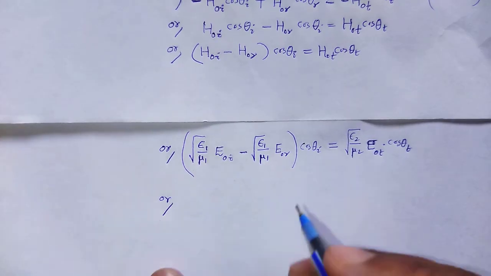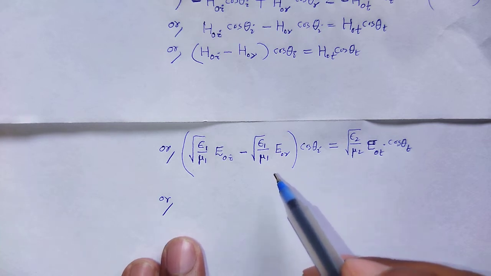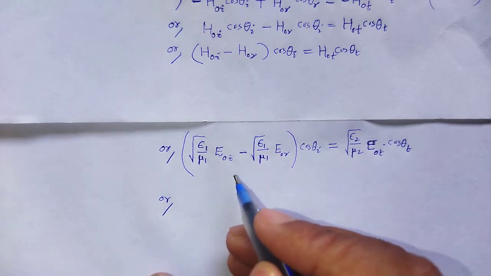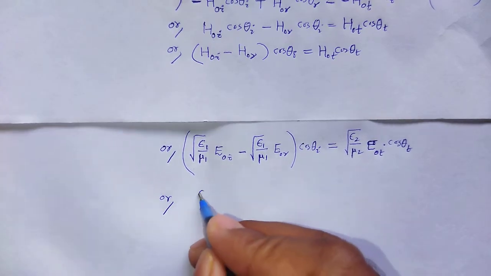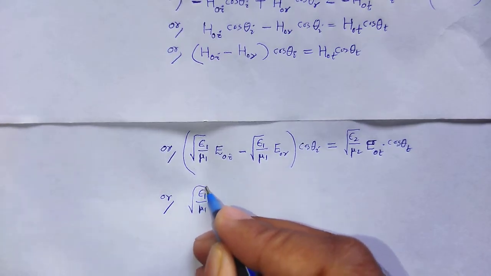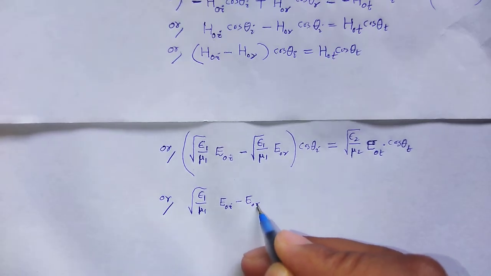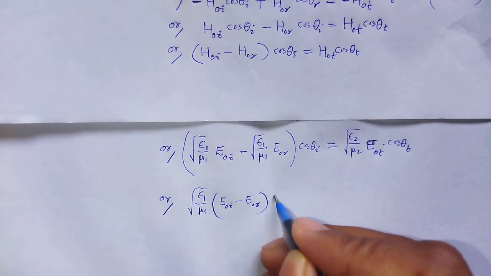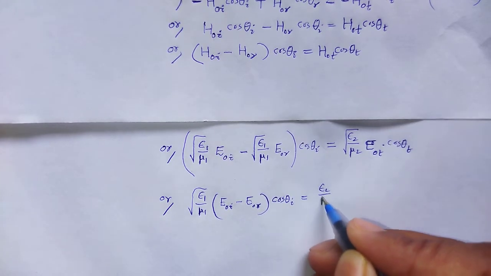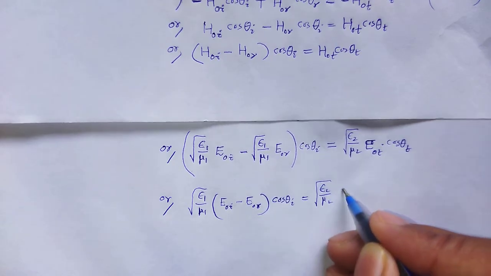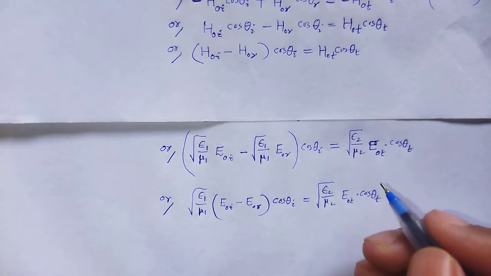or, taking common epsilon 1 by mu 1 under root, E O I minus E O R, cos theta I is equal to epsilon 2 by mu 2 under root E O T cos theta t.